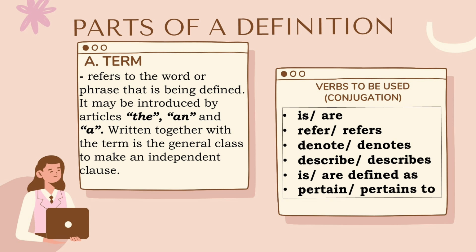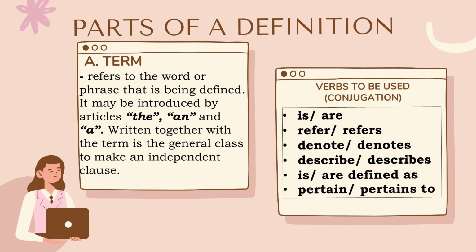And here are the verbs to be used, or the verb conjugation that you can use when writing a definition. So we have is for singular and are for plural. Refer for plural, refers for singular. Denote for plural, denotes for singular.